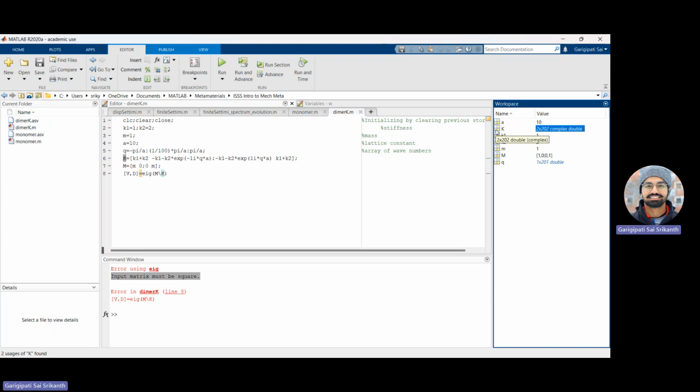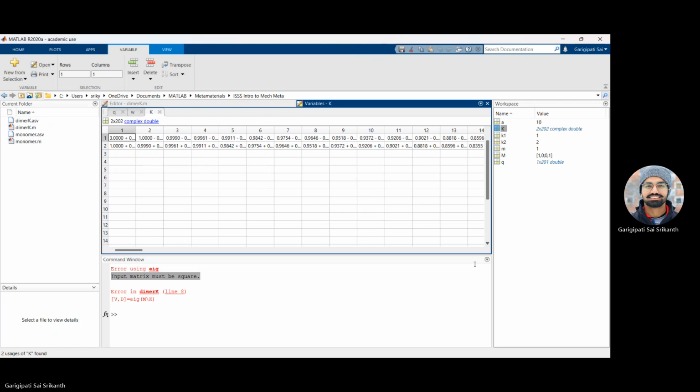That's because there are two rows and two of the entries had Q in it.